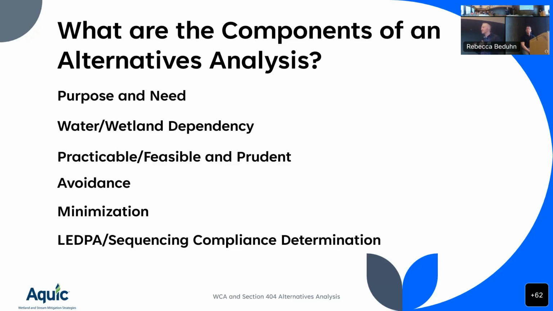It's very concise, but what is there word for word is that descending order of avoidance, minimization, rectify, restore, and then replace unavoidable impacts. So it's important to understand, especially when you're walking into a review, preparing an application to be reviewed, that the alternatives analysis itself needs to be thought of as you're demonstrating avoidance.